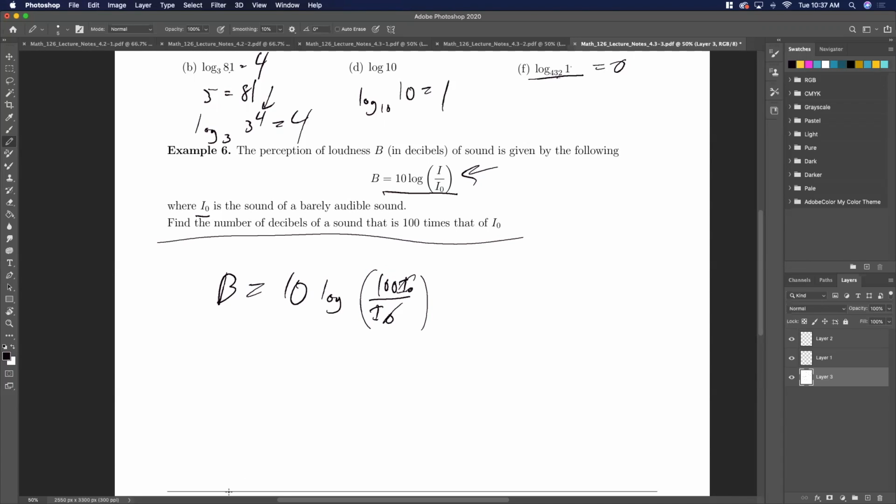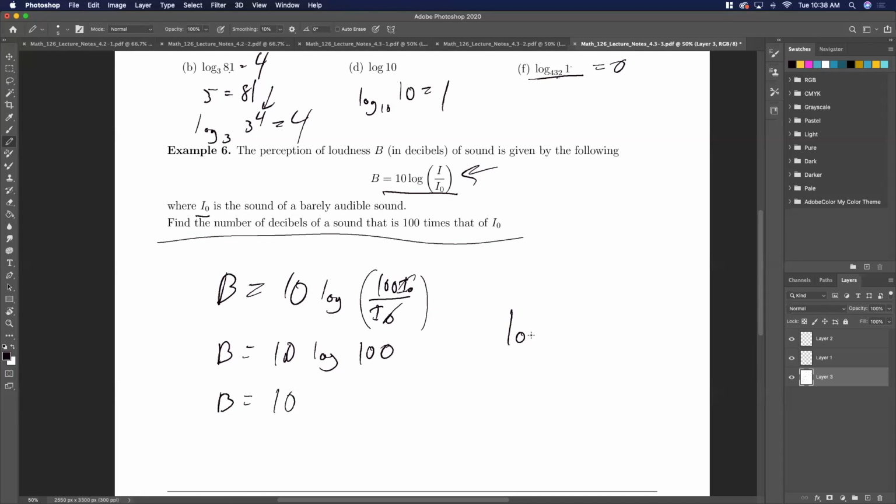So if I cross that off, I'm going to get B is equal to 10 log of 100. And what's log of 100?